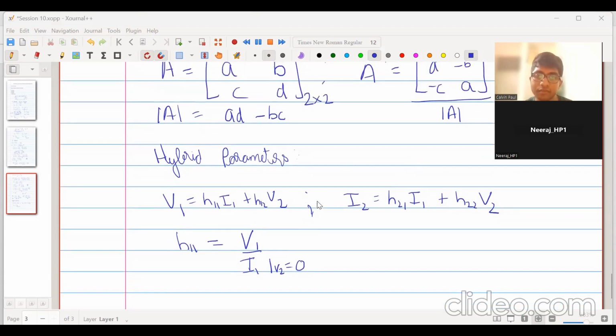Now, to find H12 and H22, what I must do?